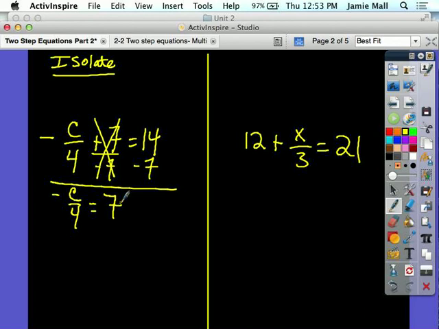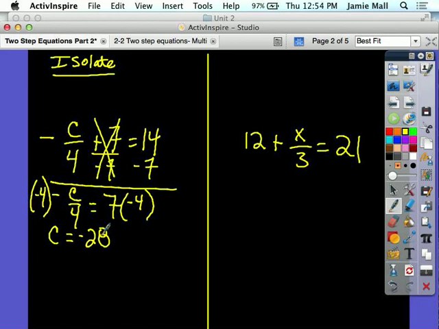Now remember that our goal here is to get the variable all by itself. So this negative sign, I'm looking for the reciprocal of negative 1/4. The reciprocal of any negative number is still a negative number. So I'm going to multiply both sides of the equation by negative 4. And I'm left with c equals negative 28.